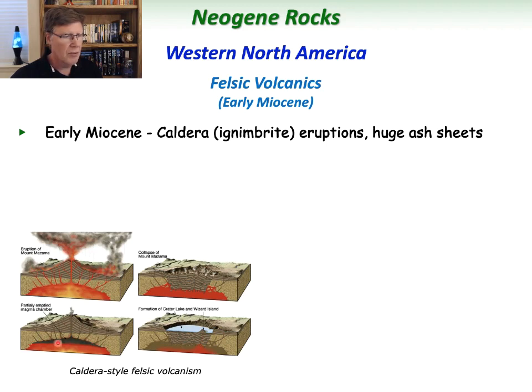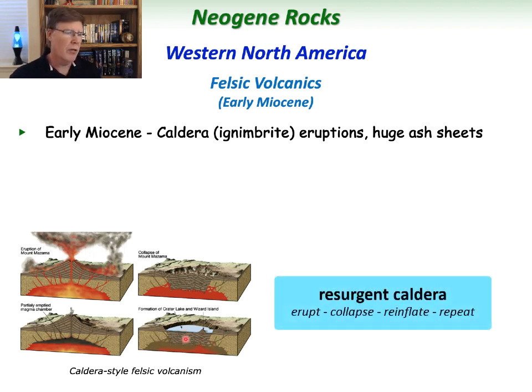And so the roof overlying the magma chamber becomes unstable and eventually collapses, forming a hole, which we call a caldera. So that is the simplistic version of how a caldera forms. And this can repeat as magma then reinflates. This chamber pushes this up like a piston, and the whole thing starts all over again. So you can get what are called resurgent calderas.